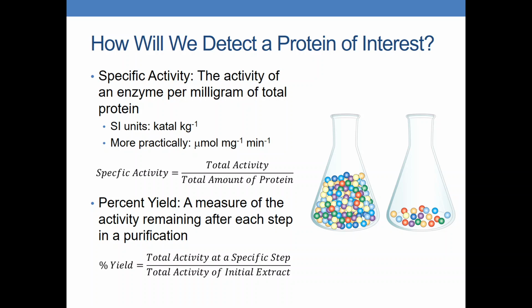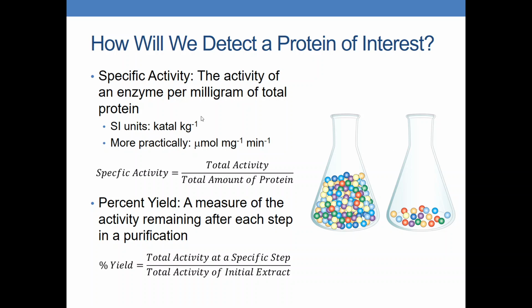Are we actually, by applying a certain purification protocol, removing other stuff while retaining our protein of interest? Okay, so the specific activity is simply a mathematical way to express the activity of your enzyme of interest per milligram of total protein.